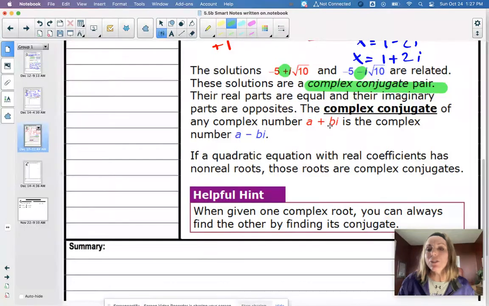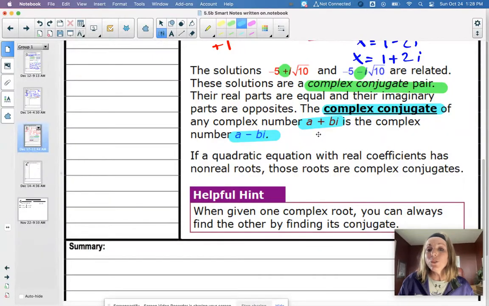The complex conjugate, this is an important term, of any complex number a plus bi is a minus bi. The only thing that changes is the imaginary part. The sign changes, either from positive to negative or negative to positive.